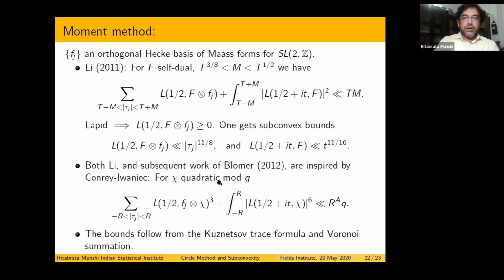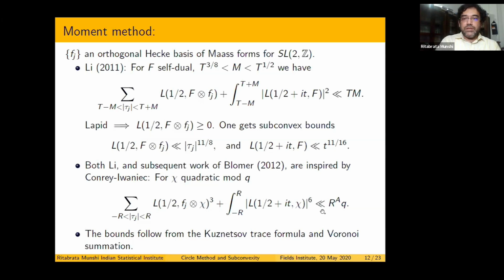But both Xiaoqing Li's and Blomer's results are actually inspired by a well-known result of Conrey and Iwaniec, where they look at the third moment of degree 2 L-functions. Here the f_j are again the Hecke basis, and they were taking chi to be a quadratic character. They have a cubic moment, and they get such a bound.